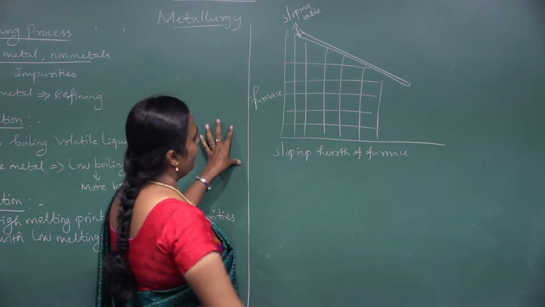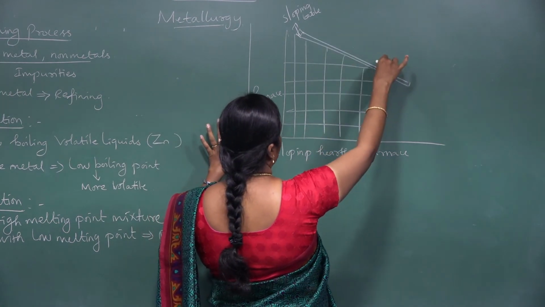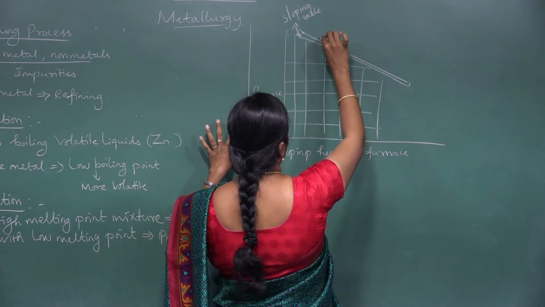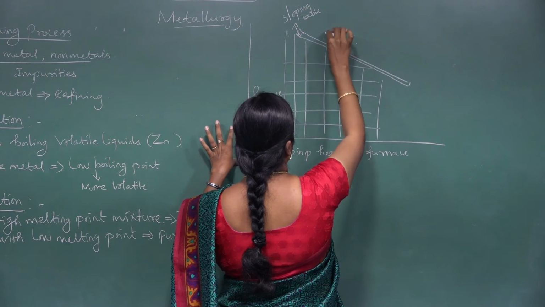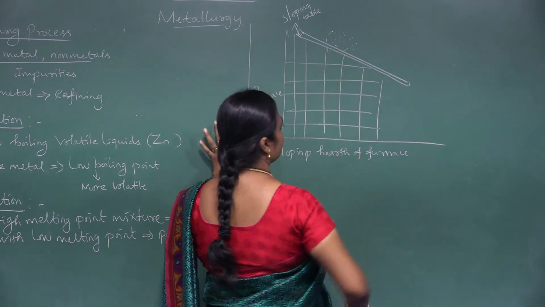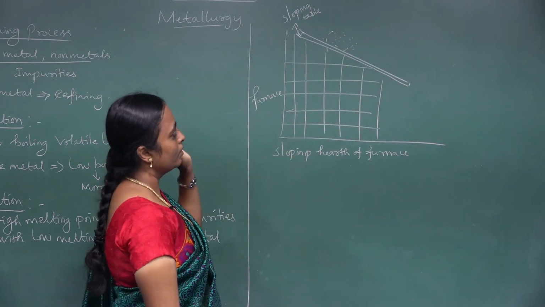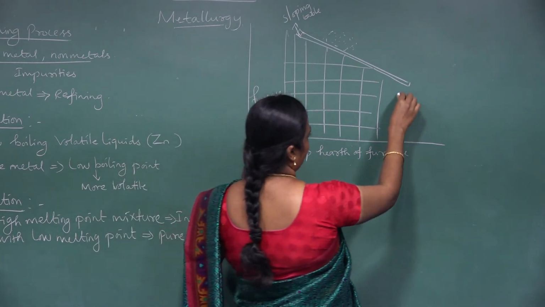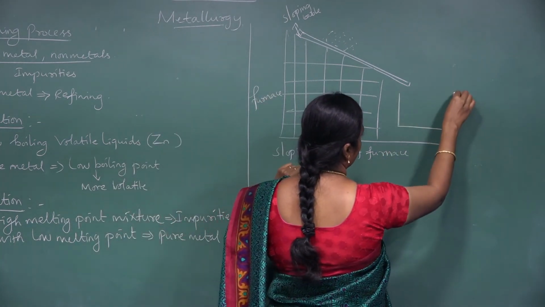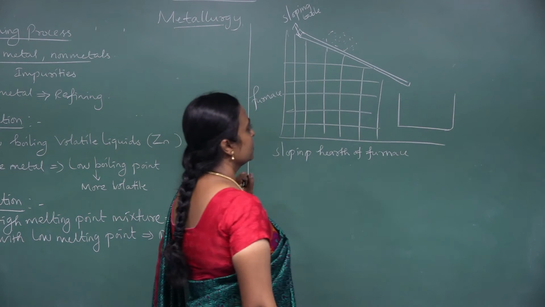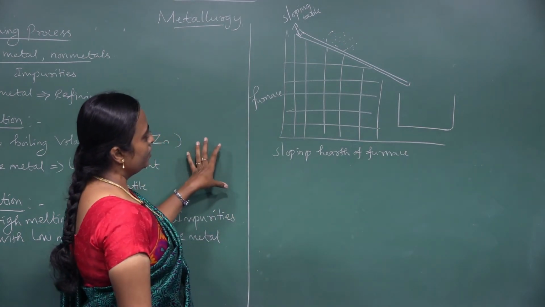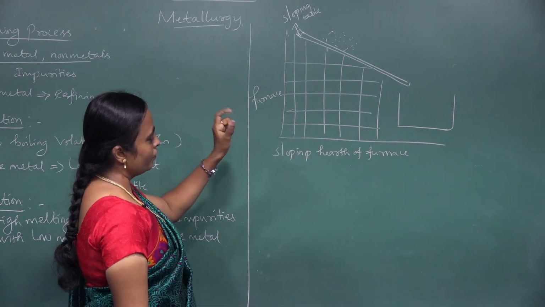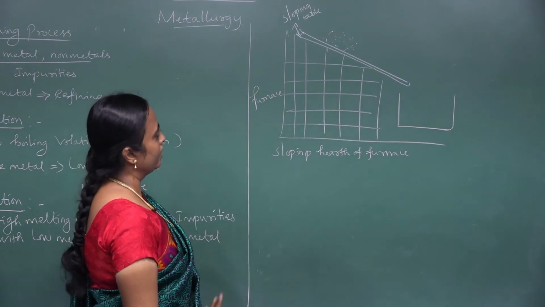Now what happens? On that sloping table, I place the impure metals like this. You put in that impure ore, and we can put one collector here to collect the metals. Usually it consists of impurities and pure metal.